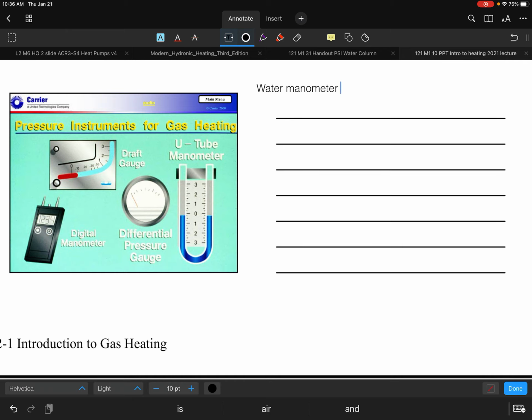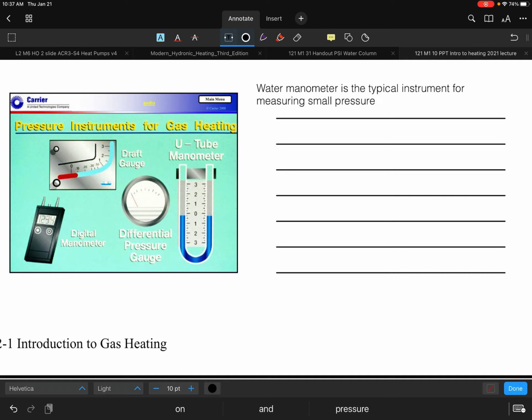The water manometer is probably the typical instrument for measuring small pressures in a heating system.